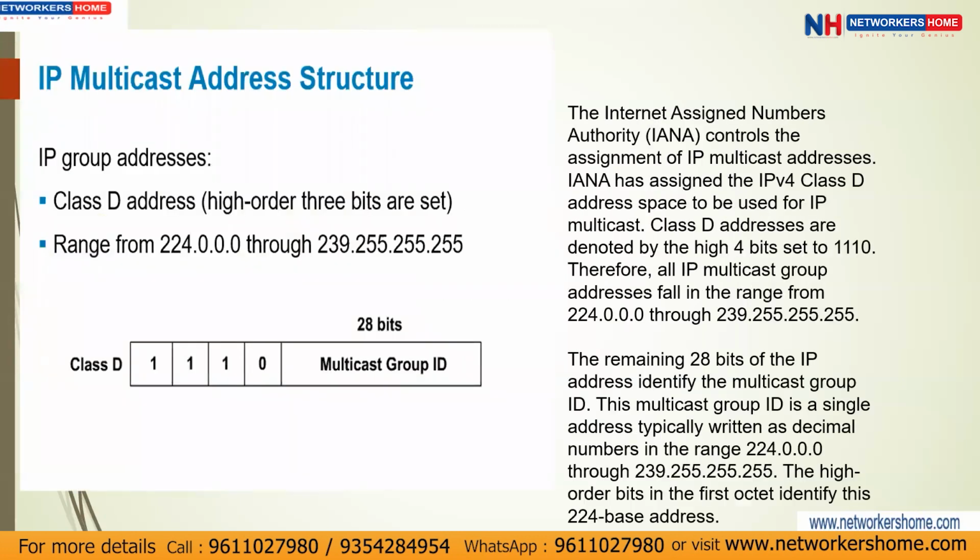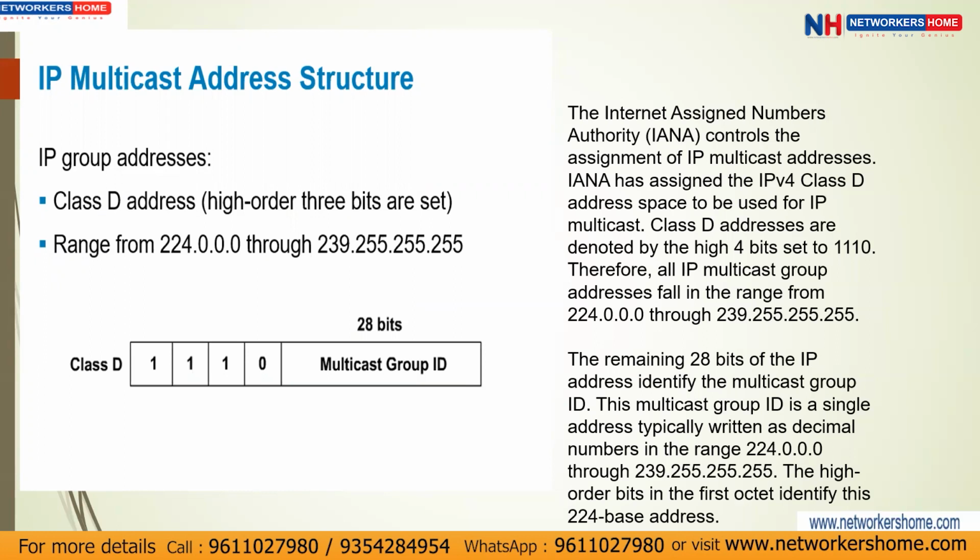So now we are going to discuss IP multicast address structure. The Internet Assigned Numbers Authority, IANA, controls the assignment of IP multicast addresses. IANA has assigned the IPv4 Class D address space to be used for IP multicast. Class D addresses are denoted by the high 4 bits set to 1110. Therefore, all IP multicast group addresses fall in the range from 224.0.0.0 through 239.255.255.255.